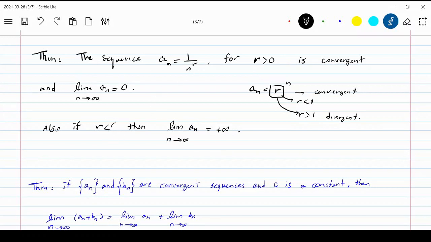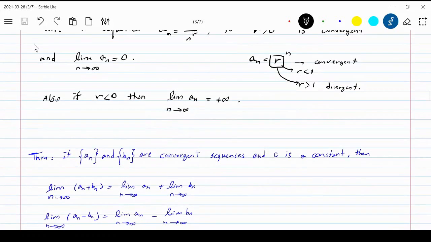And if r is less than 0, then you can flip the fraction and make it n to the power of a positive exponent. Then in that case, you would have an increasing sequence toward infinity, which is a divergent case. You don't need to memorize this. This would become natural after a while.